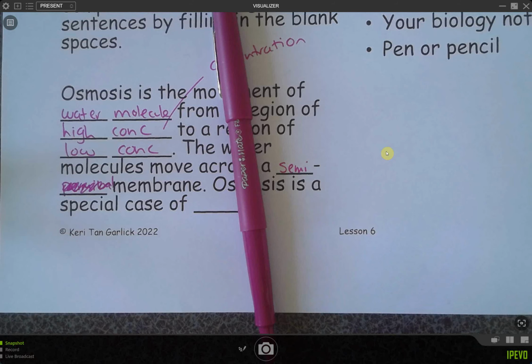Let me find that word. Semi-permeable membrane, because I'm not a good speller. There we go.